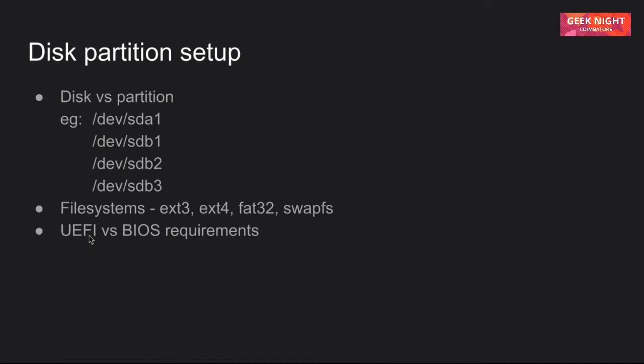So we have already talked about UEFI versus BIOS. There are a few specific things that we have to do additionally for UEFI based systems, or OSs that need to support UEFI based systems. We have to have 2 partitions mandatorily. One has to be a FAT32 partition.